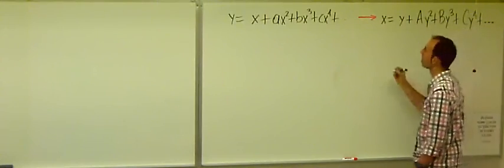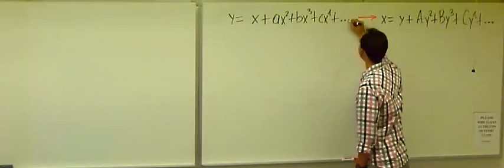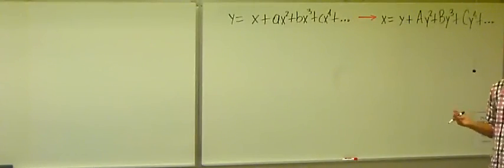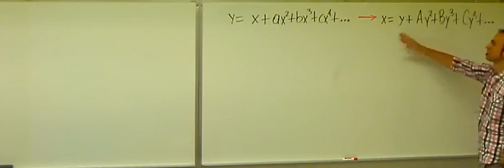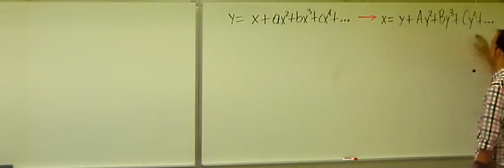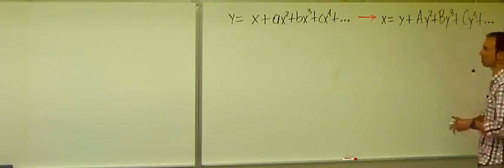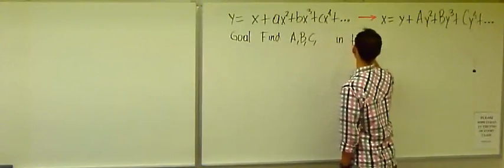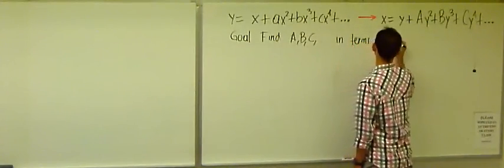Well, one thing that you could try to do is just do it by brute force. Just write x equals like this. The goal is to find the coefficients of the inverse function in terms of the coefficients of the original function.